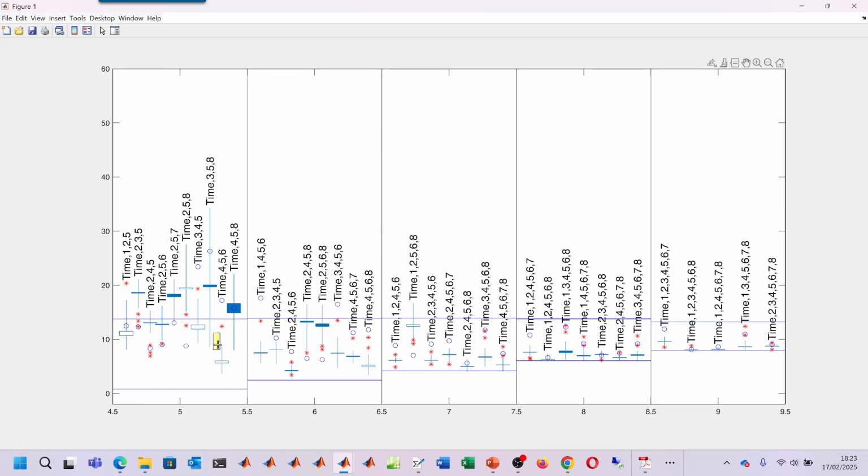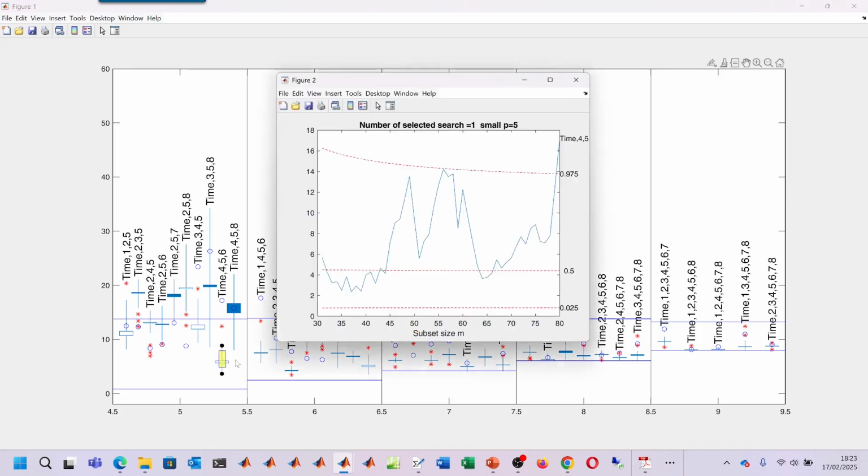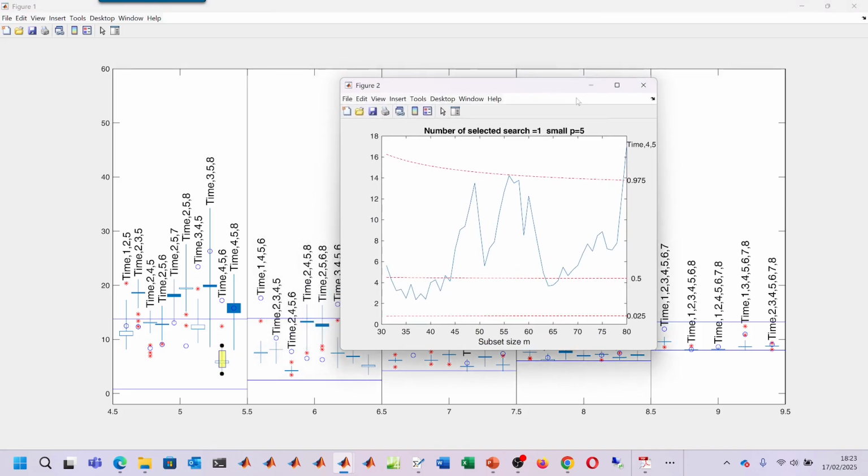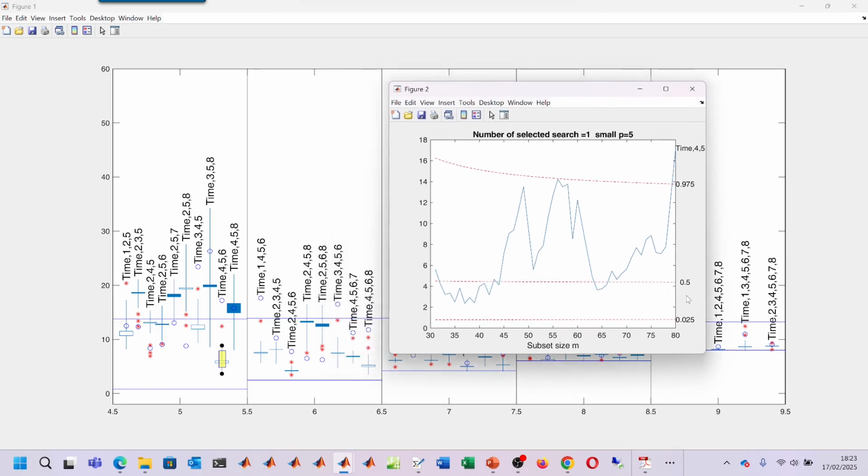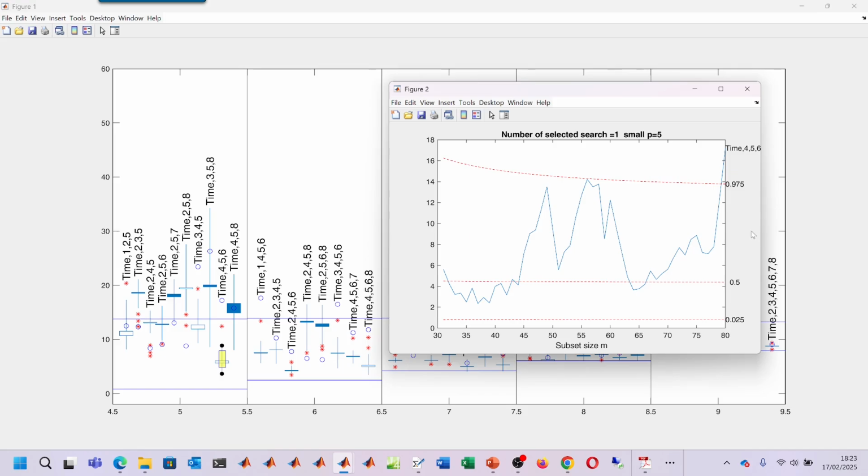It is enough that we click on this candle in order to see the details of this forward search. And you can see that indeed the final value causes rejection of the suitability of this model.